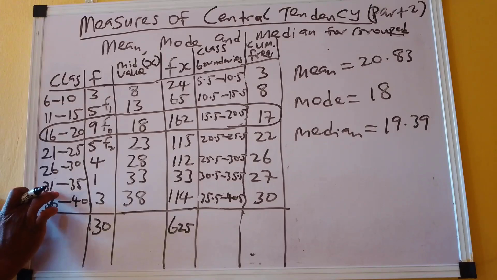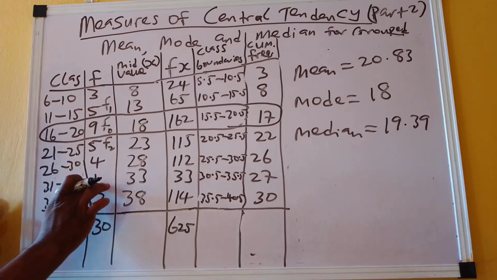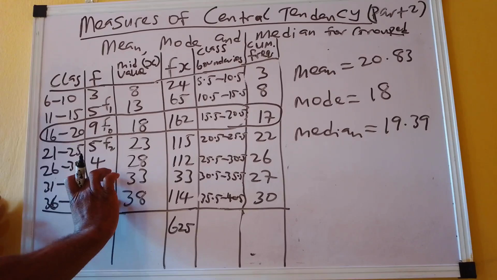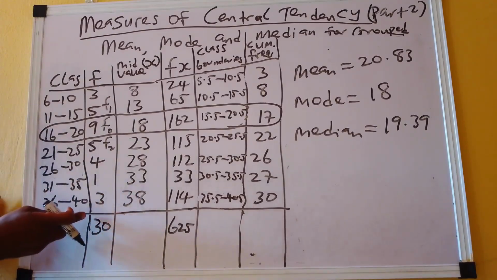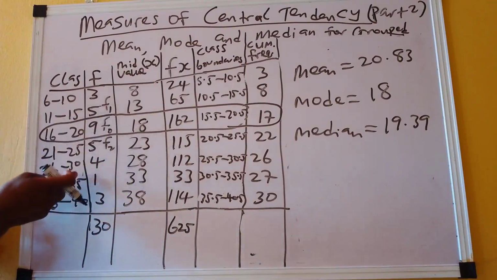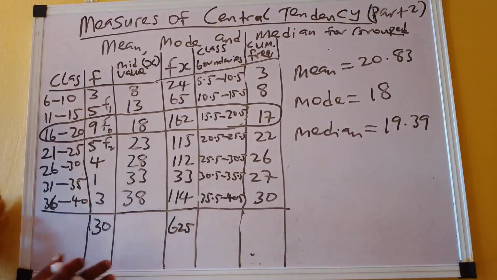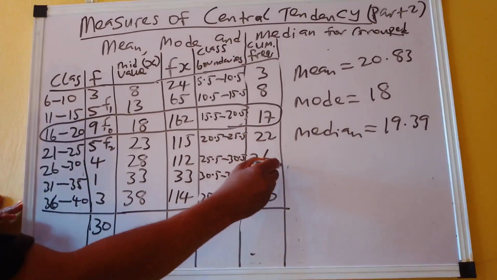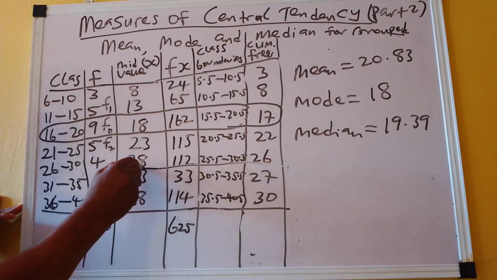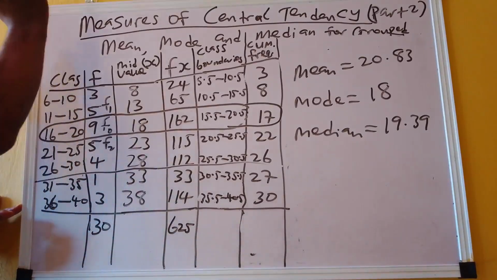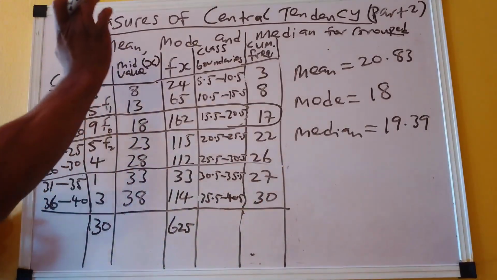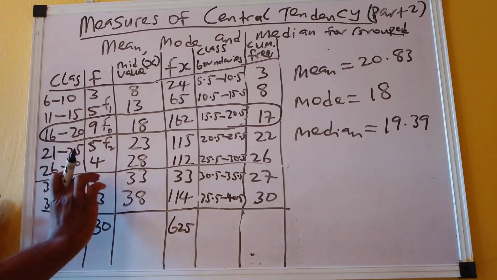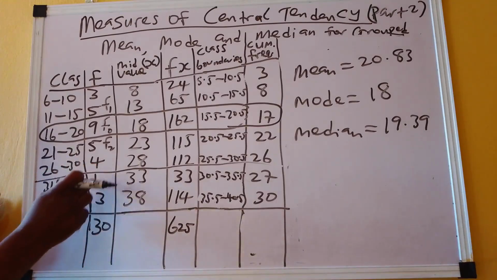From 31 down to 35 is just 1. From 36 to 40 is 3. So you have 4 data points from 31 to 40, and the groups above have 26 altogether, while the later end has just 4 in total, 1 plus 3.